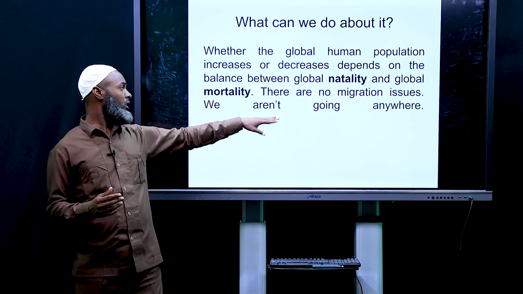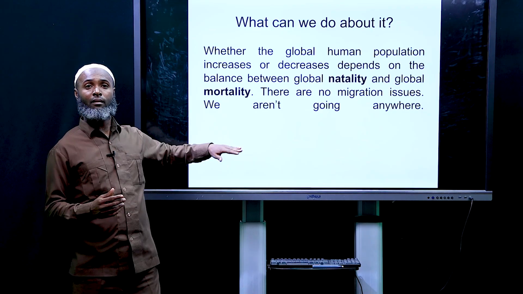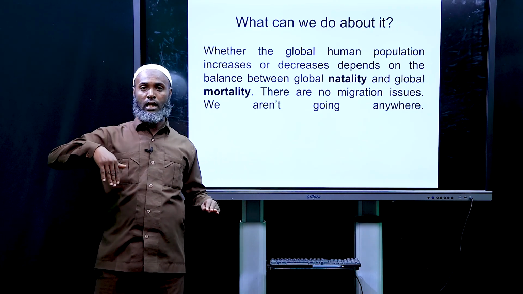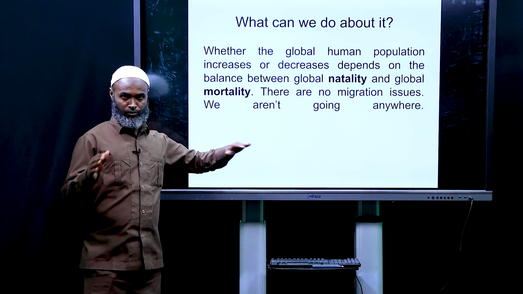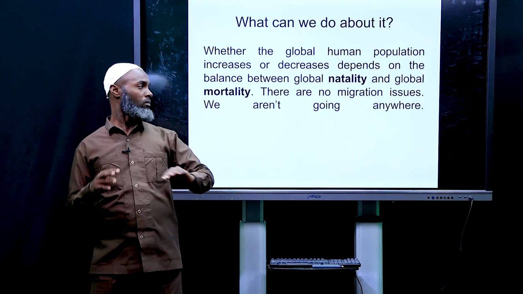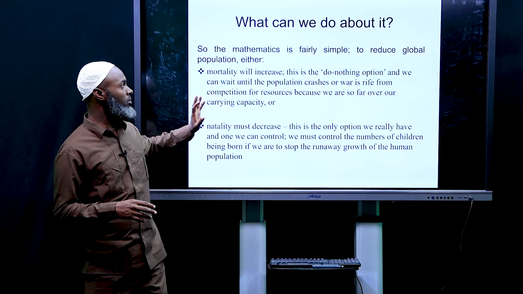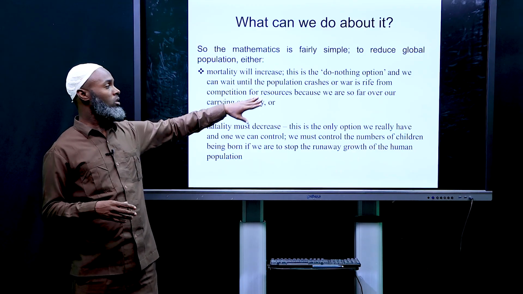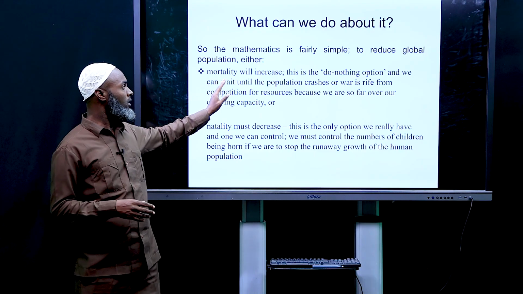If there are no migration issues, if population is not leaving an area and population is not entering, if there is a balance on these 4 factors, then in mathematics it is very simple. To reduce global population, mortality would have to increase.